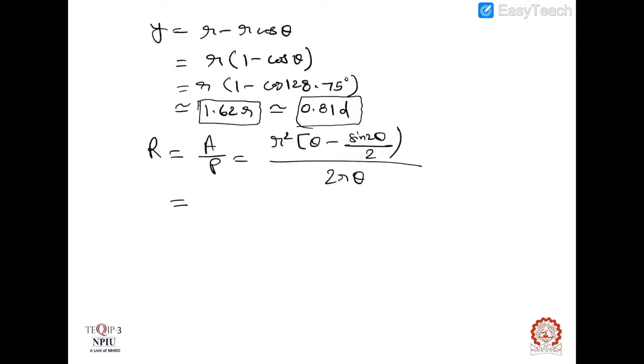After substituting the value of theta as 128.75 degree, we will have R approximately equal to 0.6086 r, or approximately equal to, in terms of diameter, 0.305 D. Okay, so these values you need to remember. The y value in terms of D and R value in terms of D you need to remember for the maximum velocity condition.